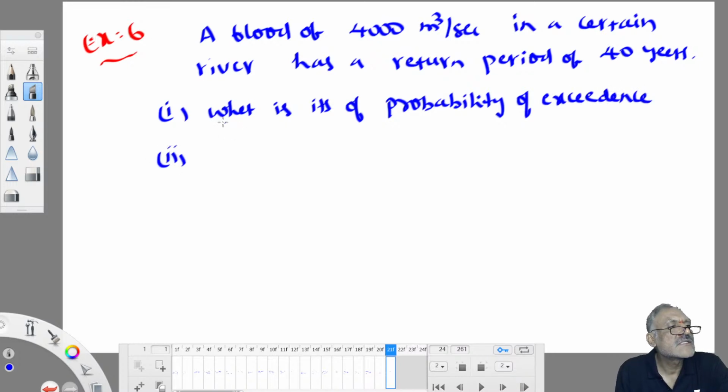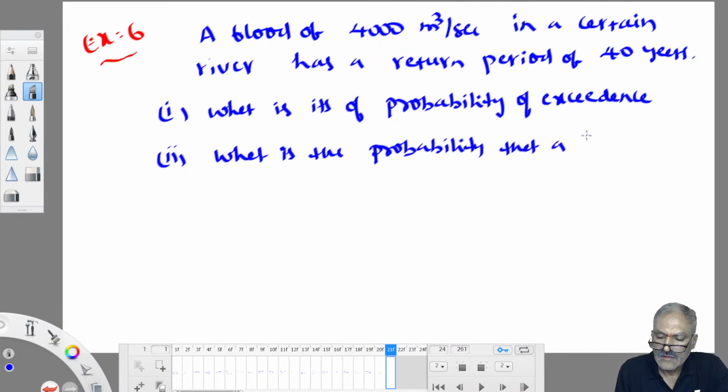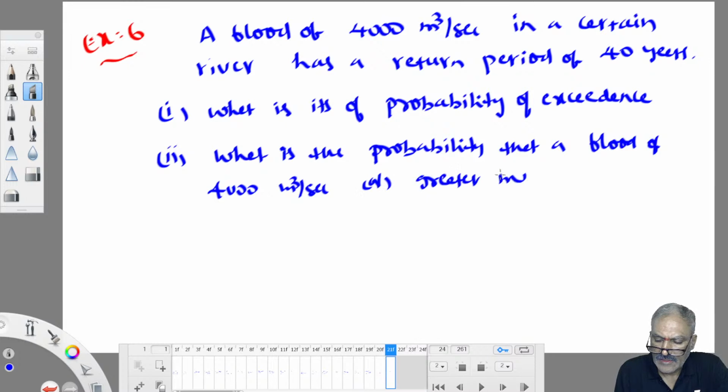And second question is, what is the probability that a flood of 4000 meter cube per second or greater magnitude may occur in next 20 years?